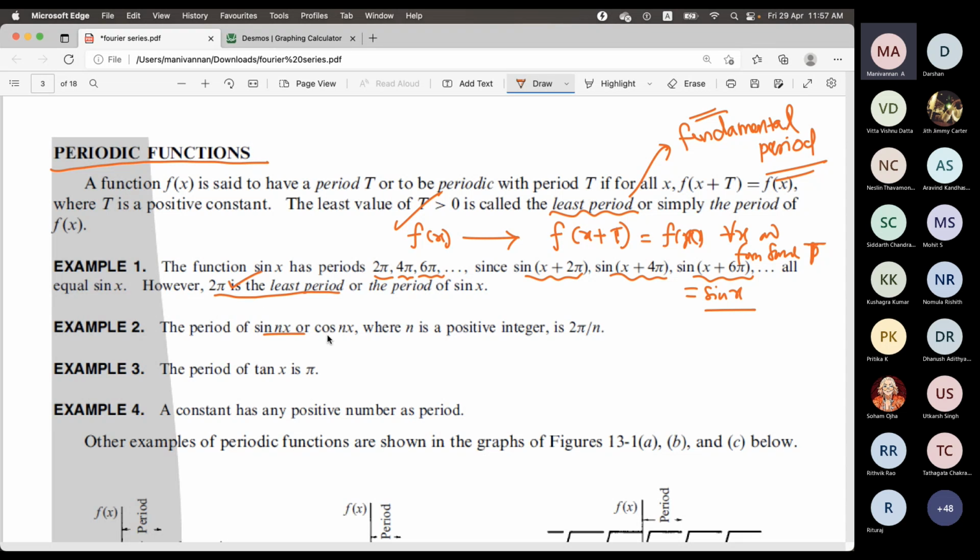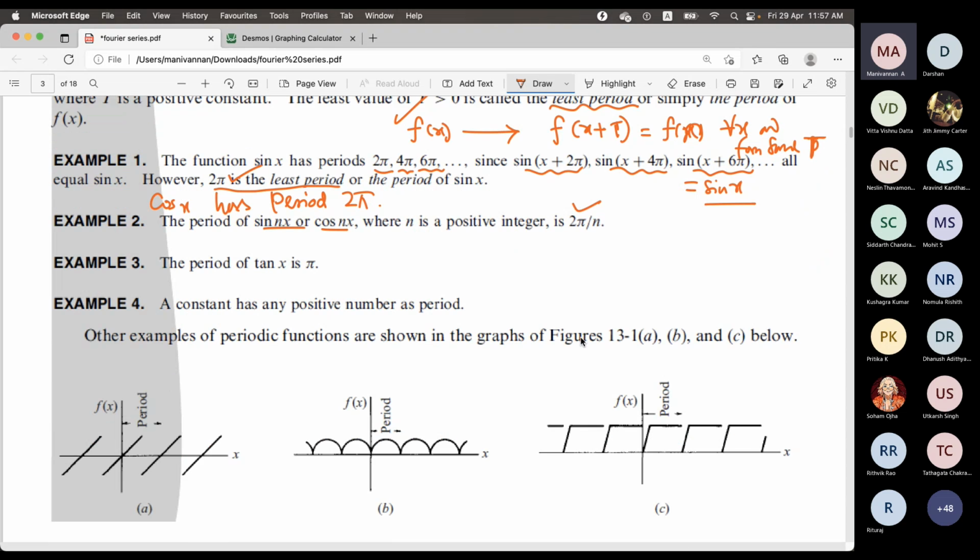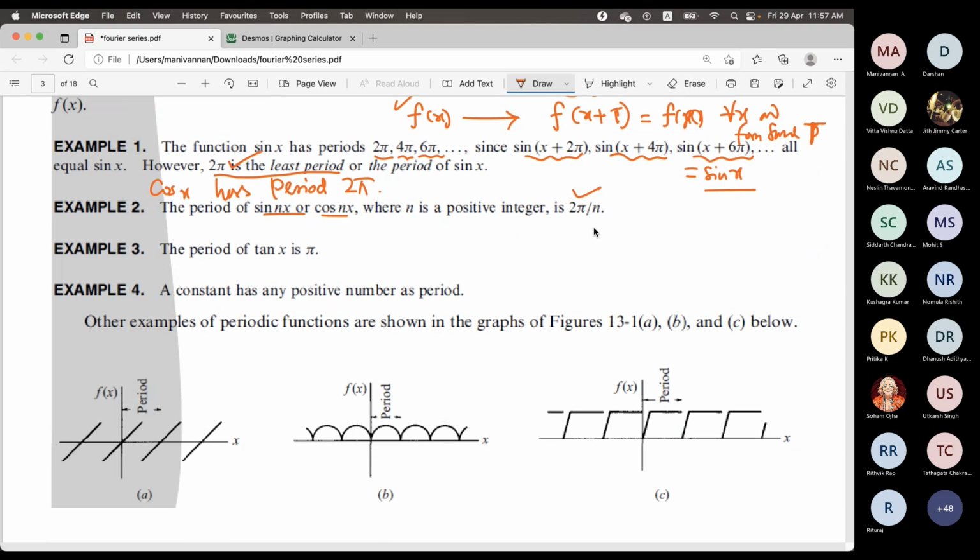So sin x and cos x have the period 2 pi. Now for sin nx, let me add 2 pi: sin of nx plus 2 pi.